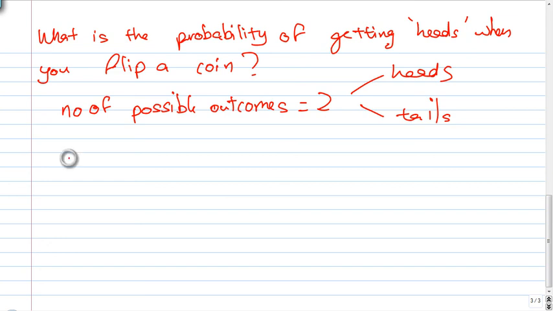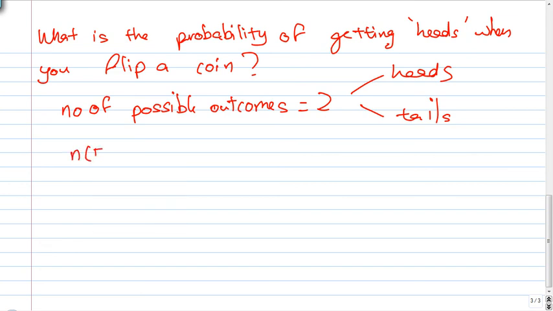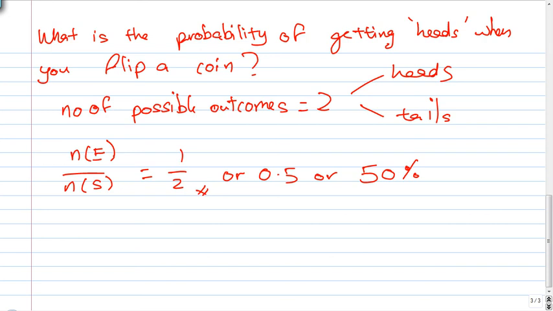So the number of favorable outcomes in event E over the number of possible outcomes in sample space S is 1 over 2, a half. So that's your answer. Probability is usually written as a proper fraction. It can also be represented as a decimal, no problem.